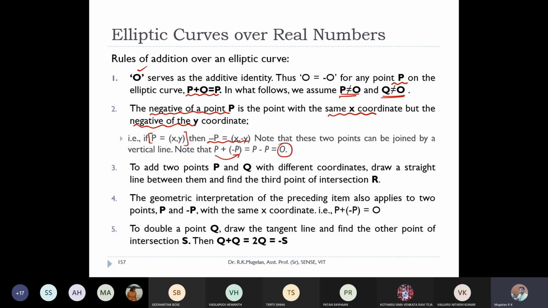Suppose there are two different points with different coordinates lying on the curve. Assume we have 2 points P and Q lying on the curve.